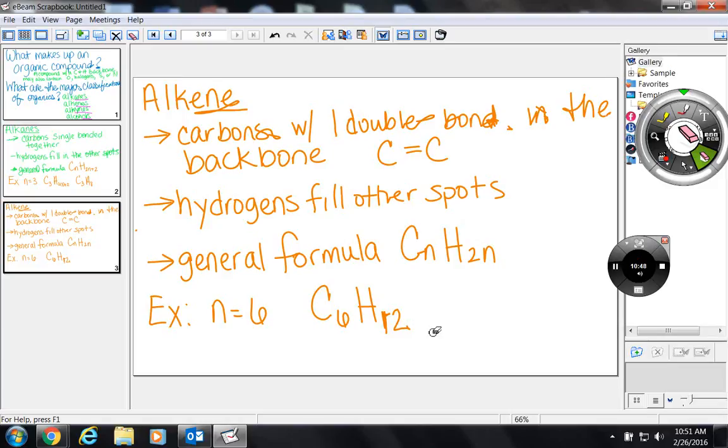How do you know how many hydrogens? Okay, we'll get there. Right now we're just doing real generic stuff, base level what they are. Then we're going to get to the naming and writing. All right?